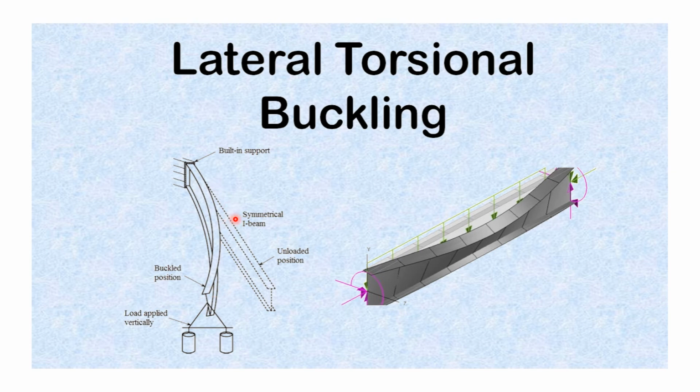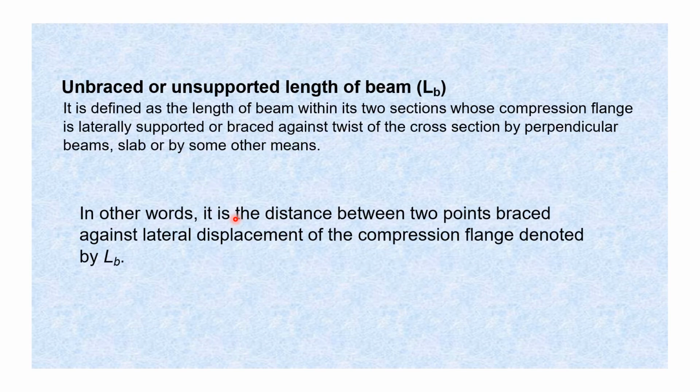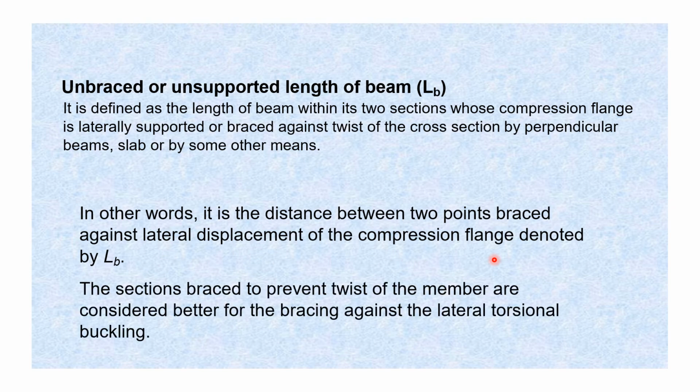In other words, it is the distance between two points braced against lateral displacement of the compression flange, denoted by LB. The sections braced to prevent twist of the member are considered better for bracing against lateral torsional buckling.